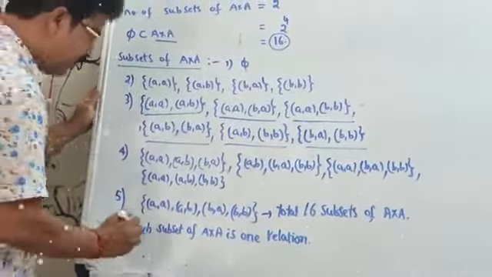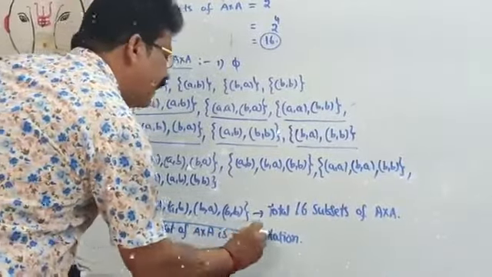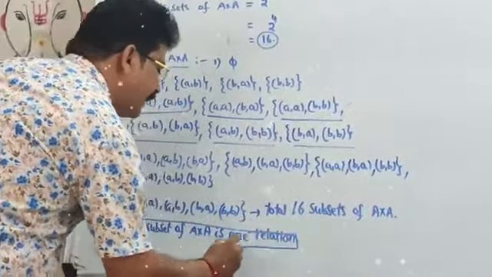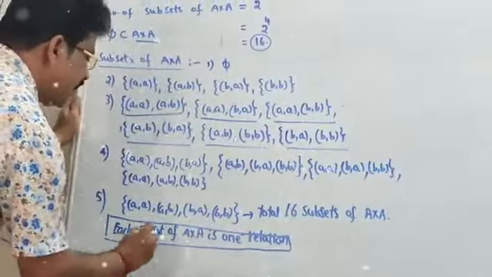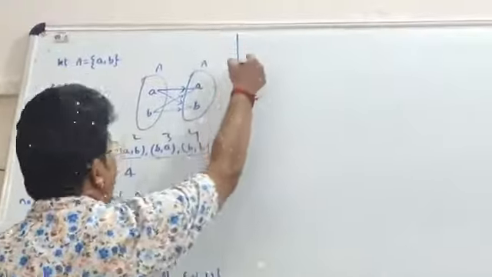This is the main definition. So therefore, each and every subset of A cross B is one relation. This is the definition.